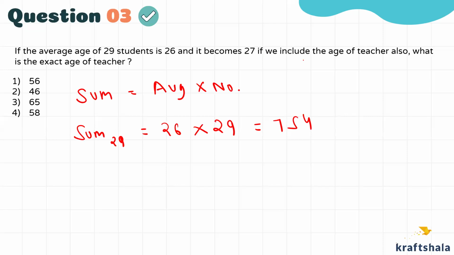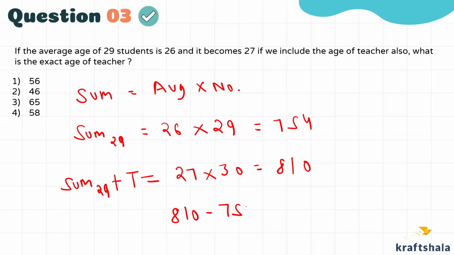Now, it becomes 27 if we include the age of the teacher also. So, the sum of 29 students plus teacher: average is 27 and the number of people is 30, right? 29 students and one teacher. So, this gives me 810. Now, the exact age of the teacher: if I subtract this equation from this, I'll be left with the teacher only.